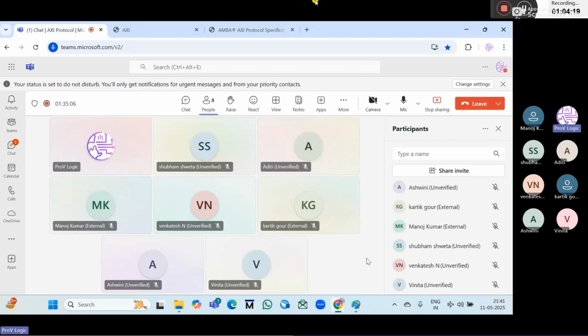Tomorrow we have a session, AHB to APB bridge. Tuesday to Sunday I will assign another mentor. Saturday there is a session again for AXI. Wednesday we have a session on static timing analysis.